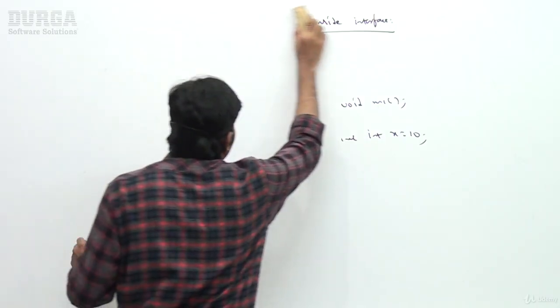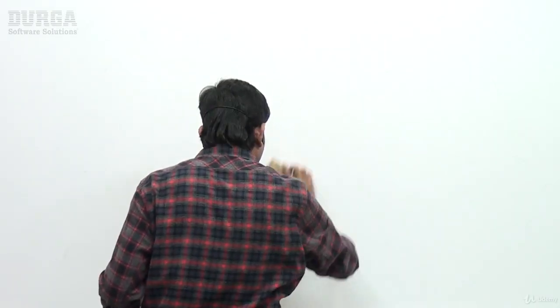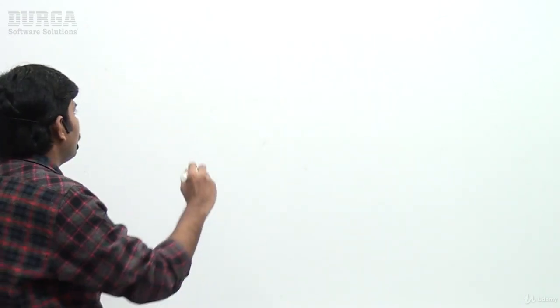From 1.8 version onwards, is it possible to take a concrete method inside an interface? Yes. But until 1.7 version, we can't; every method is always abstract only. From 1.8 version onwards, we can take concrete methods also, in the form of default methods. How can I declare a default method? Very simple.